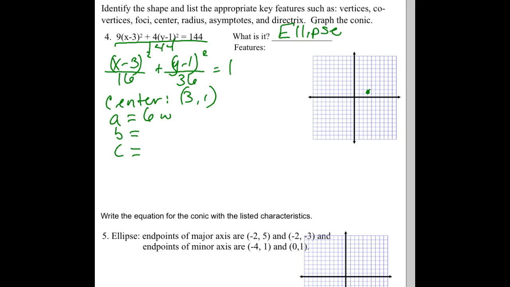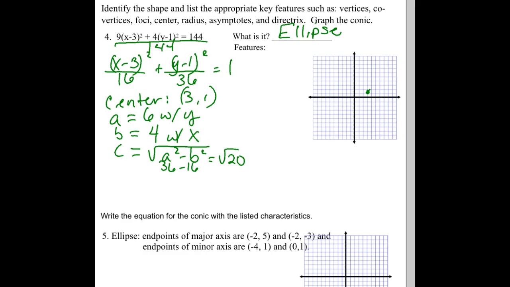A is 6 and it's with y. B is 4 and it's with x. Let's go ahead and find C. It's an ellipse, so we need a squared minus b squared, square rooted. So 36 minus 16, we end up with the square root of 20.